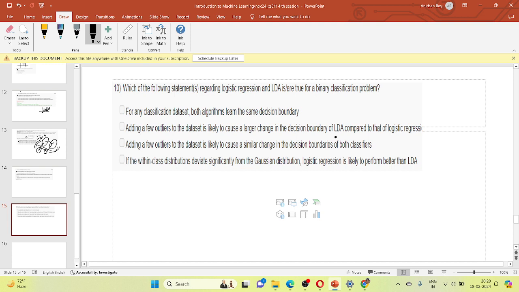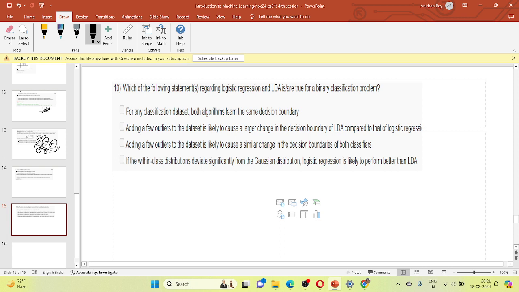LDA is prone to outliers. If an outlier occurs, LDA will not work well. But logistic regression is more resistant to outliers.